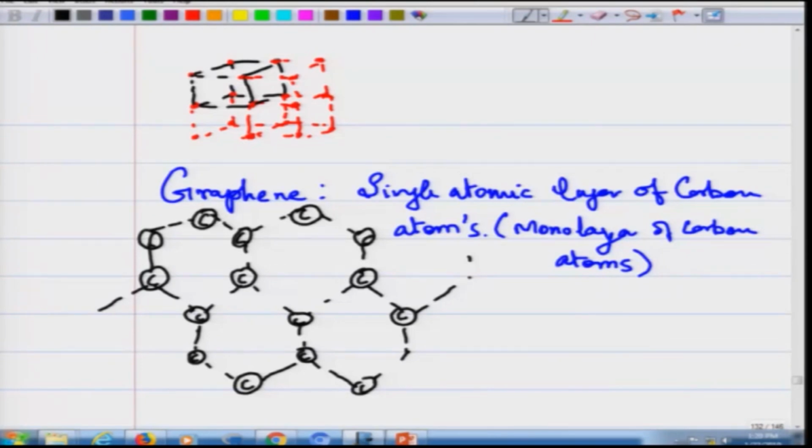So, you have now a lattice. This is the collection of atoms, this is the crystalline solid formed by atoms. If you want to make a lattice out of it, I can break it up into points, let us say, which are sitting at each carbon atom. So, the lattice will be this.